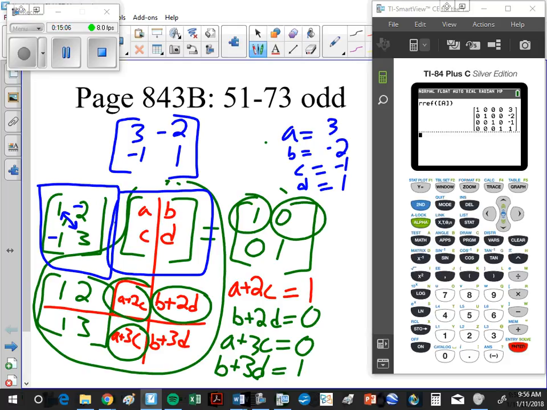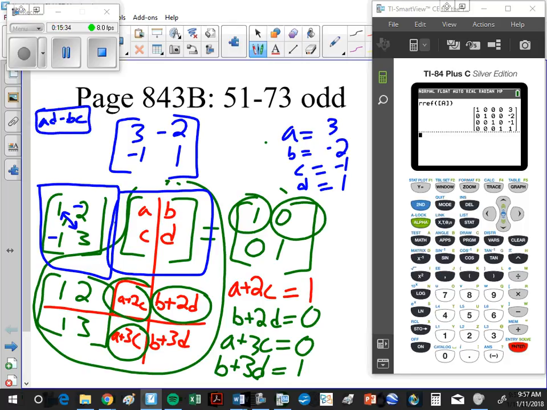So the rule for finding the inverse of a 2 by 2 is you switch A and D, you make B and C negative, and then you have to undo the weight. But this one had a weight of 1. And the weight of a matrix is found by doing AD minus BC.